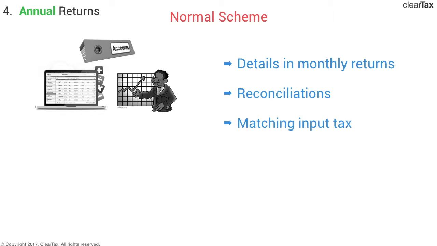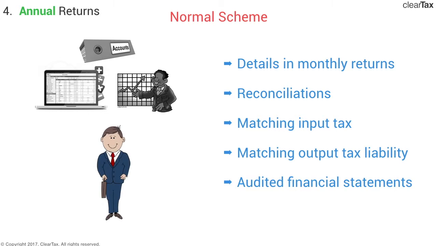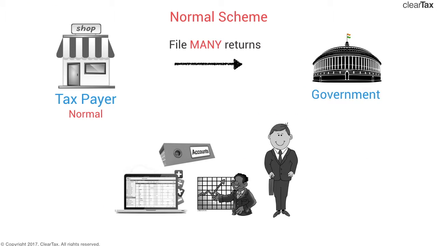You'll have to match input tax, you'll have to match output tax liability, and if you're above the eligibility criteria, you will have to submit audited financial statements along with your annual return. So in addition to systems, you'll also have to appoint an auditor. As you can already imagine, filing returns requires a lot of effort of maintaining proper record systems, experts, auditors.